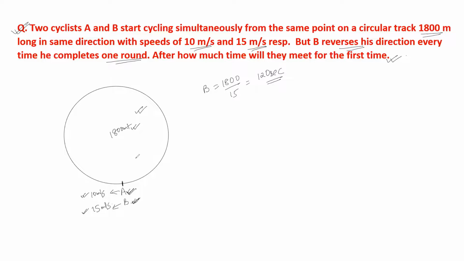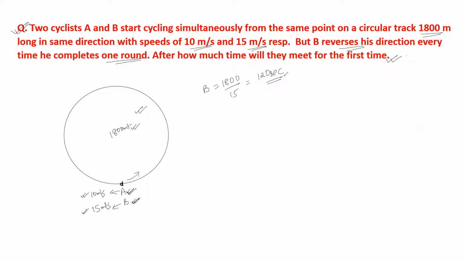So that means after every 120 seconds, B would be at the starting point and B would be completing one round, post which B will reverse his direction. So that means after one complete round, B would be now traveling in anti-clockwise direction as compared to the clockwise direction previously.